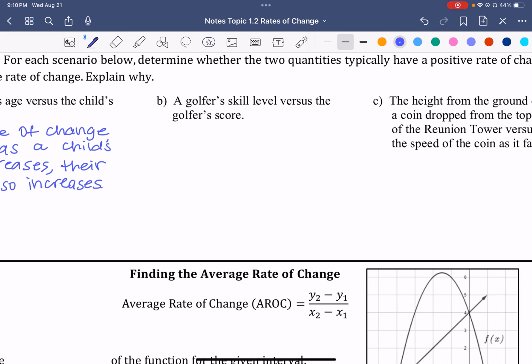So if you think about a golfer hitting the ball, they would much rather have a hole in one. That would show great skill, right? If you hit the ball and on your first attempt it goes straight into the hole. However, if you're not a very good golf player, you're going to take many attempts to try to get the ball in the hole. So for that reason, this is going to have a negative rate of change.